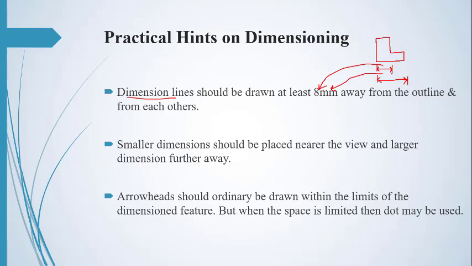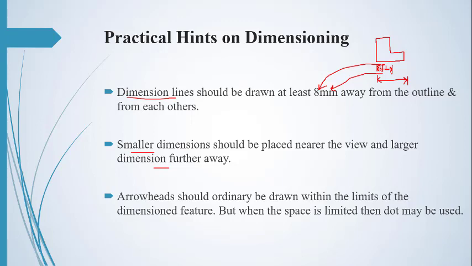The other hint says that smaller dimensions should be placed nearer the view and larger dimensions further away. Like in this scenario, the smaller dimensions should be placed nearer the view. Here you can see this position, for example 3 feet.